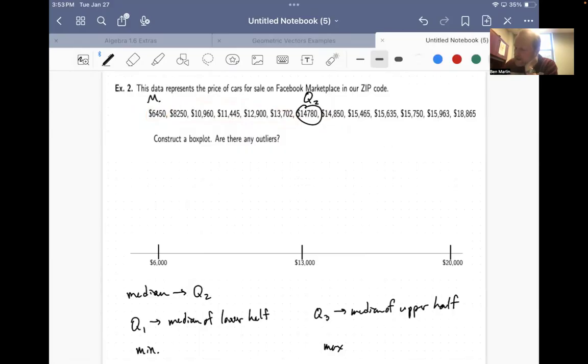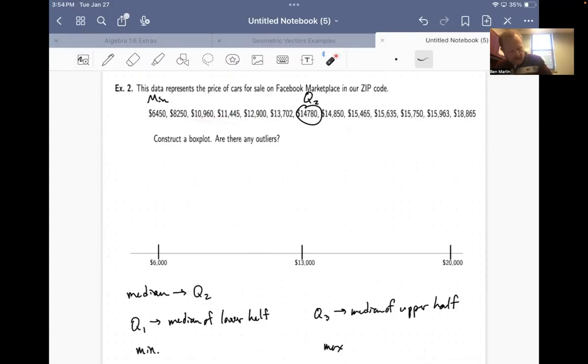Okay. Now in the lower half down here, obviously we know what our minimum is. So I'm just going to label that real quick to be our minimum. But then for this lower half, we'll have to say there's 1, 2, 3, 4, 5, 6 things in it. Since there's 6 things, that's even. And we're going to talk about these middle 2 here, right? And so you take those middle 2 and average them to figure out what that median is.